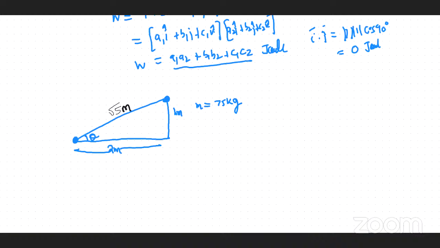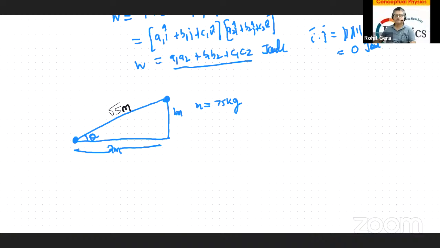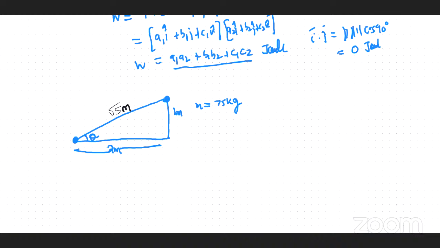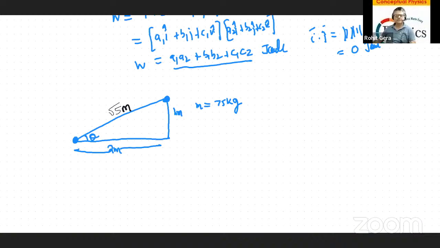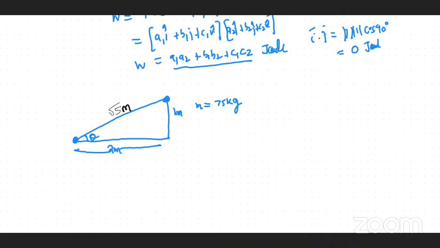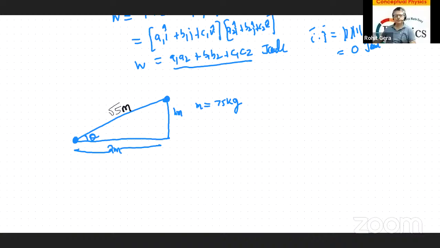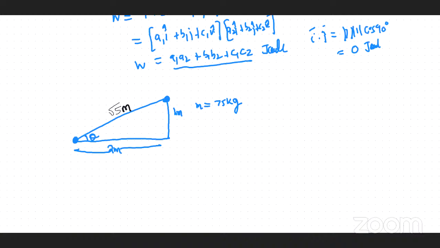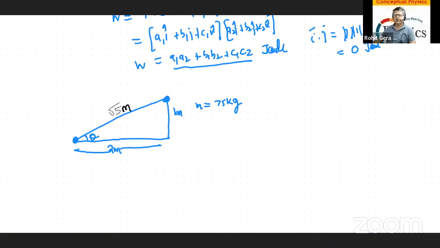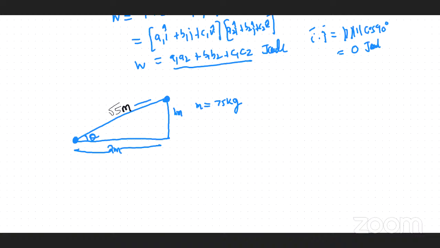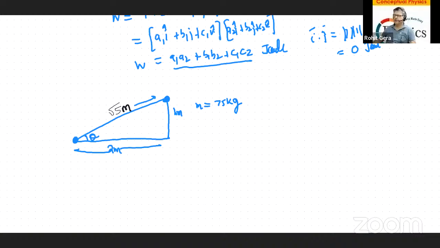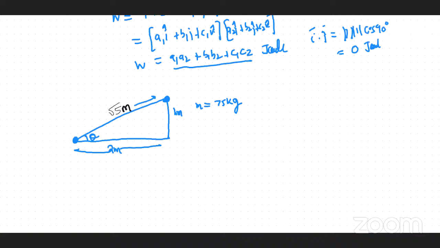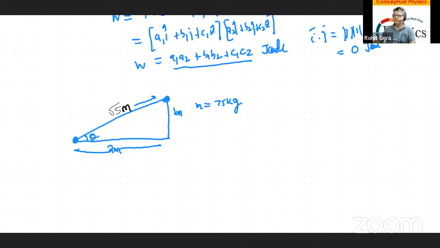Constant velocity means the acceleration is 0. There is no friction, nothing. It should be 0 joules. Why so? You said constant velocity. Yes, okay, he went with constant velocity. Constant velocity means acceleration is 0, so the force will also be 0. Okay, try and write the equation.